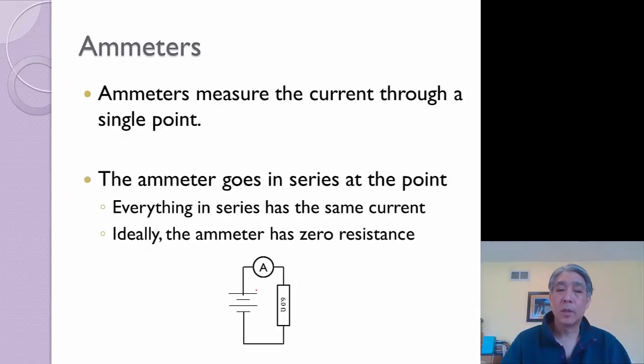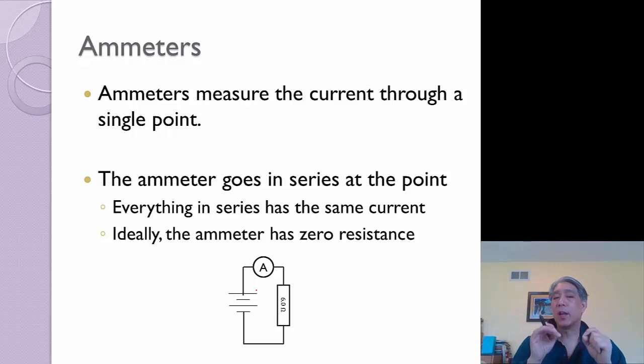Ammeters, on the other hand, measure the current through a single point. So what you do is you take that ammeter and you place it at that point that you are trying to measure the current. You can't place it inside a resistor, so you could place it right next to that resistor to measure the current going through that resistor.